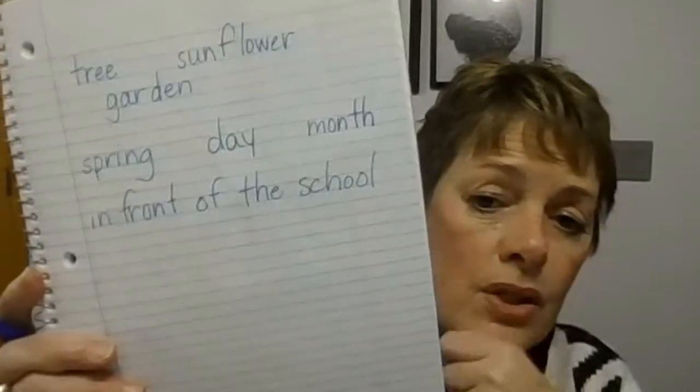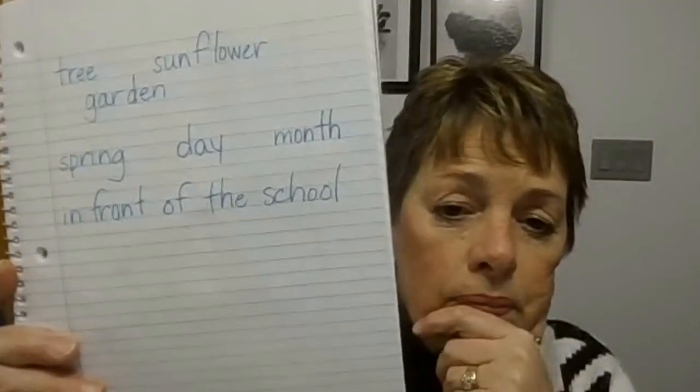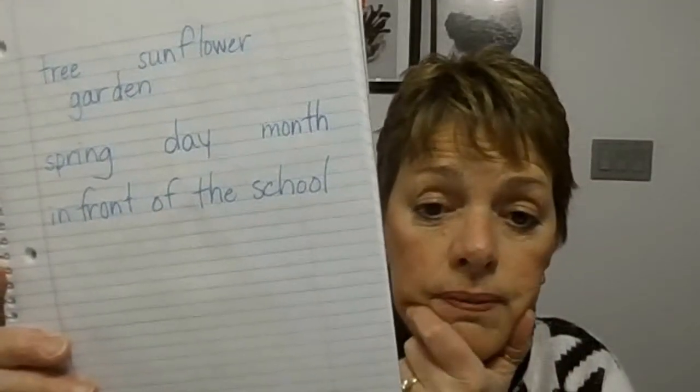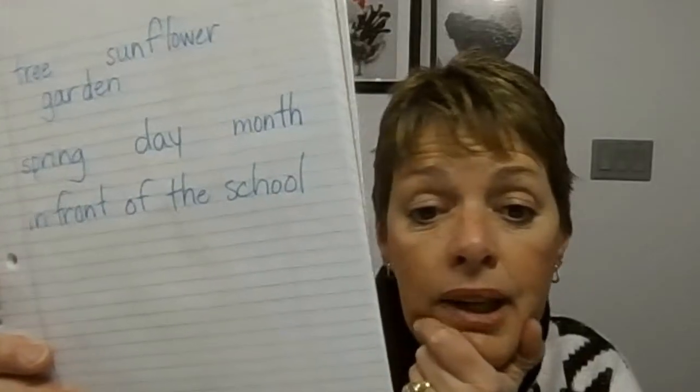In front of the school. That's a lot to write in that box. In front of the school. In the yard. We could plant the tree in the yard. Okay. I'm just going to write yard.